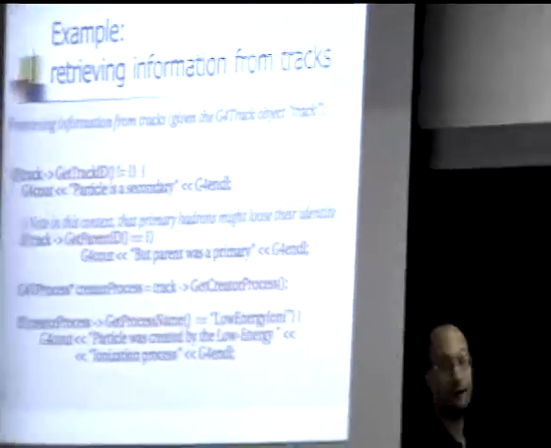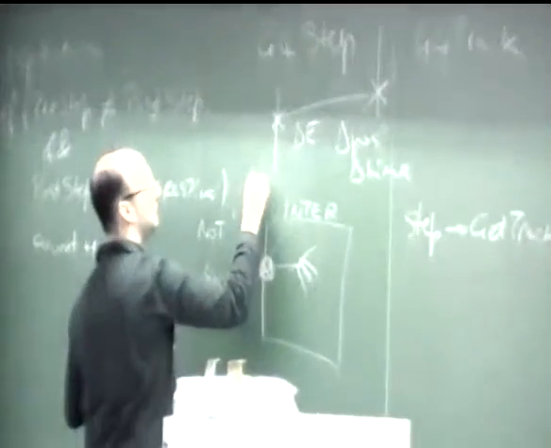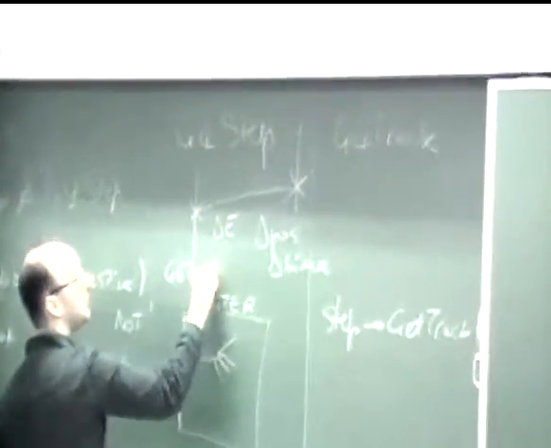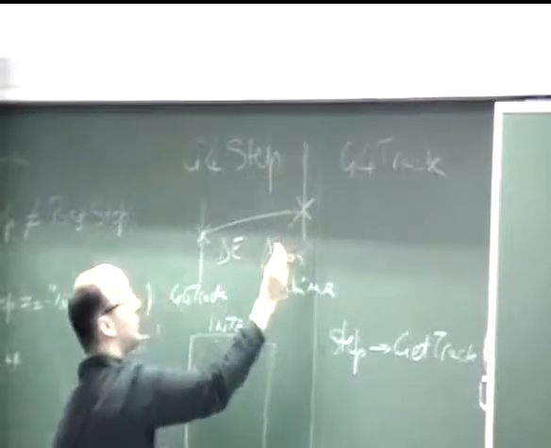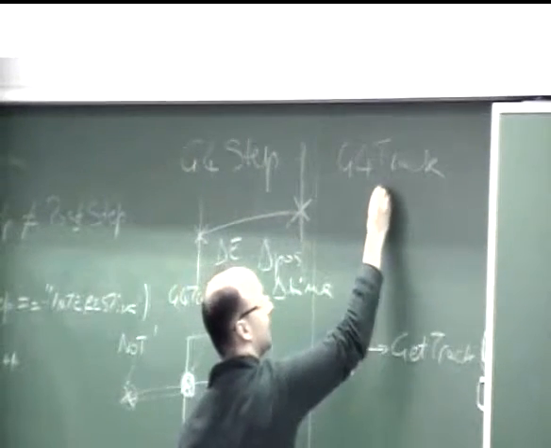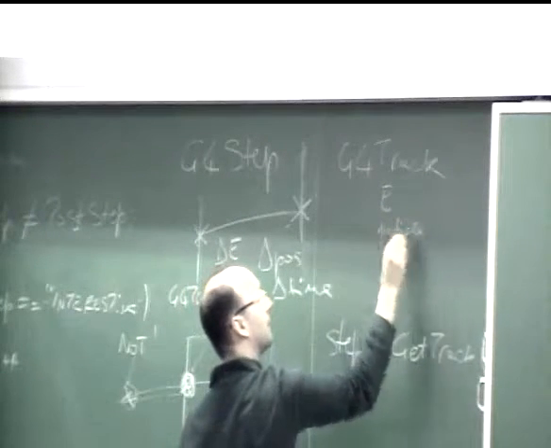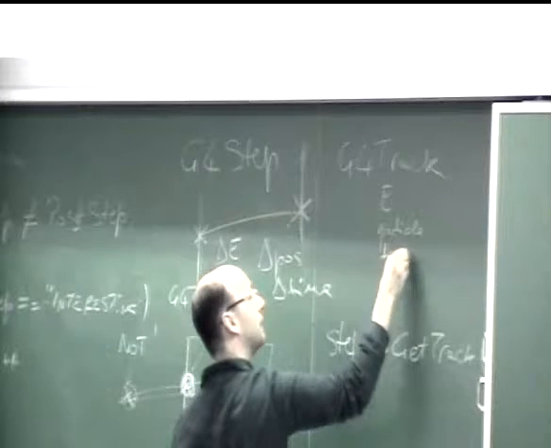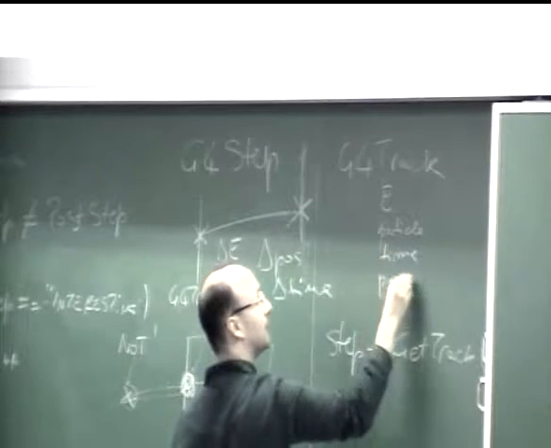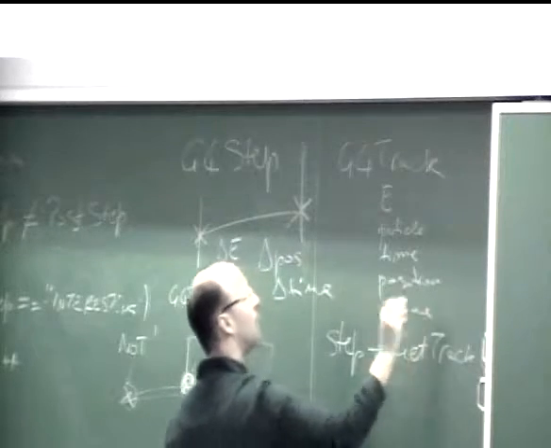So as I was saying, the track is kind of a photo of a particle which is updated every time. So you have a G4 track here, then you have a new G4 track here, which cancels the previous one. And the G4 track contains the kinetic energy, particle type, particle time, position, volume.